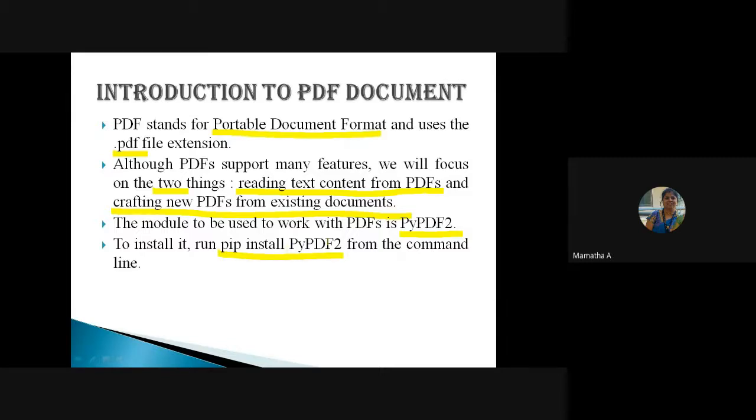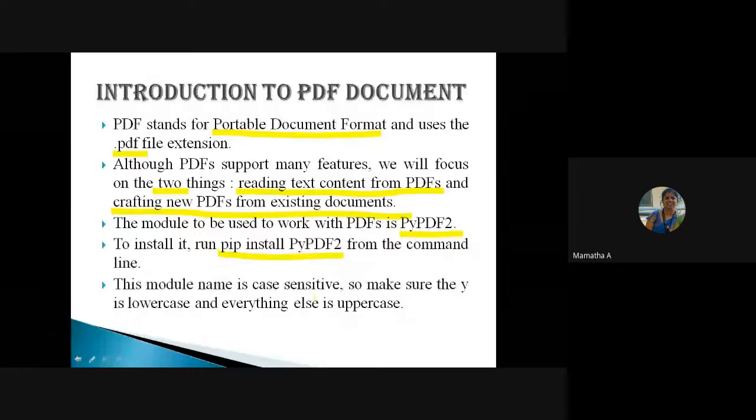If you find any problem, I will tell you what has to be done. So install this first on your command line and then start using it in your programs. You can see the module name is case sensitive, so make sure the y is lowercase and the rest remains uppercase. Very simple. Is that clear, students? Yes, ma'am.